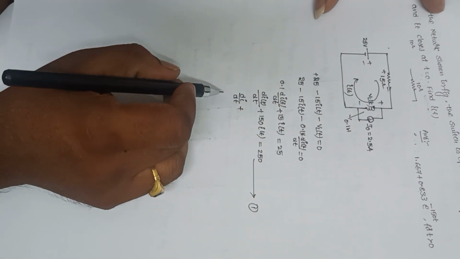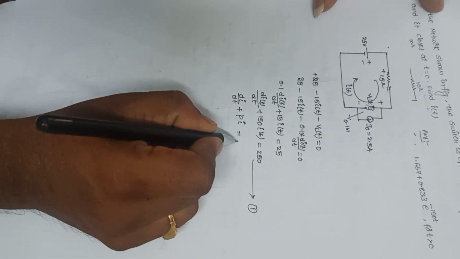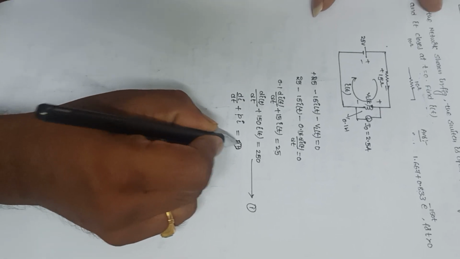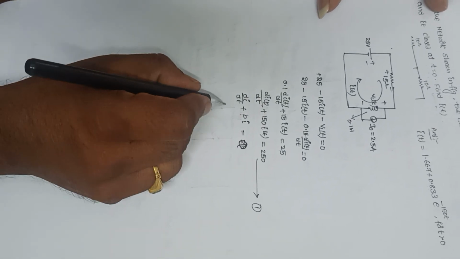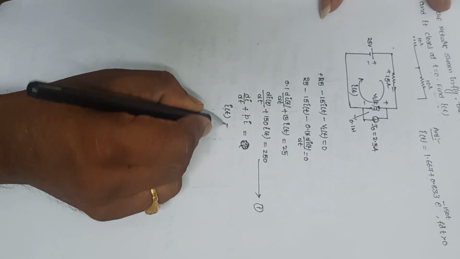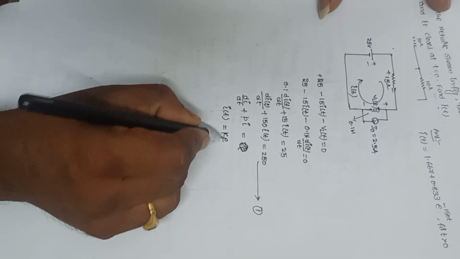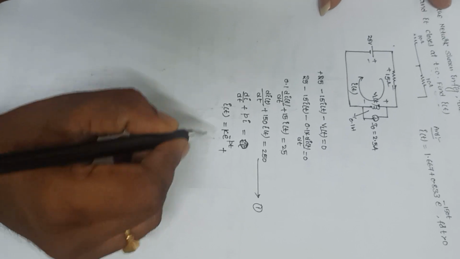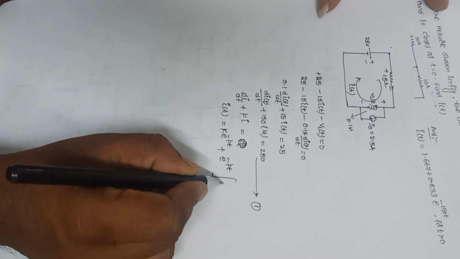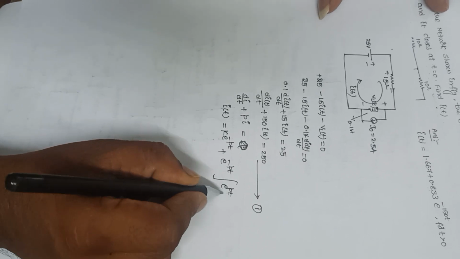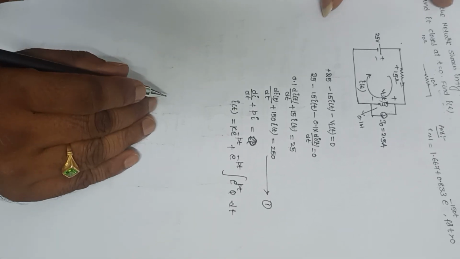dA by dt plus P into I is equal to Q. For this type of equation, I of t is equal to k into e power minus pt plus e power minus pt integral e power pt into q dt.